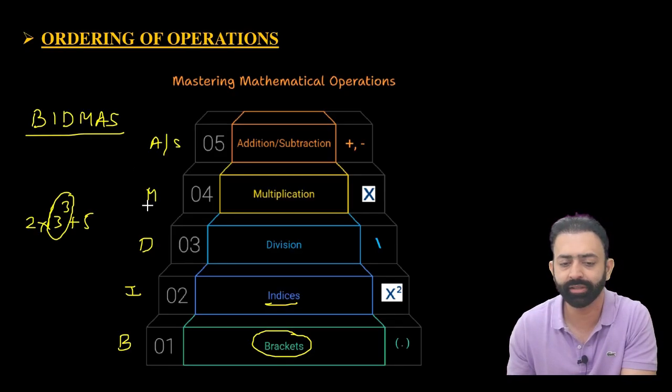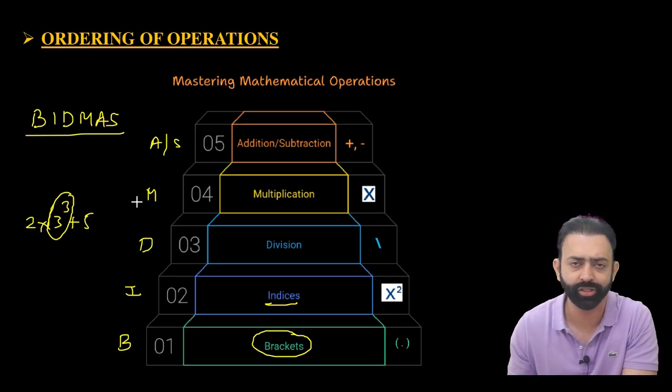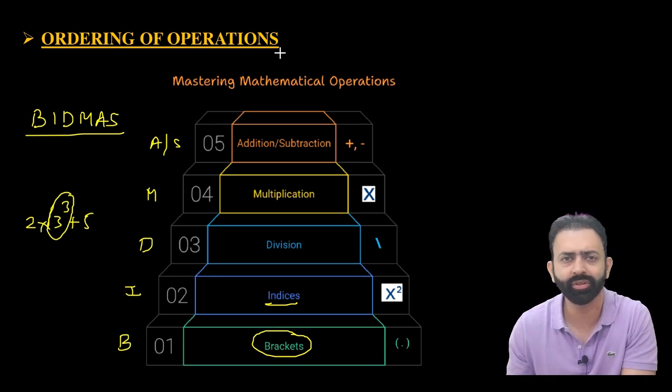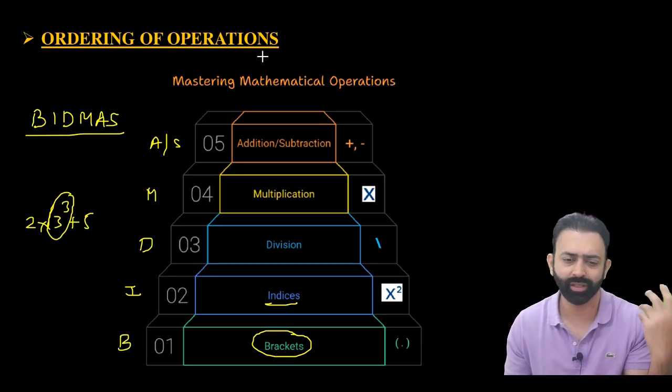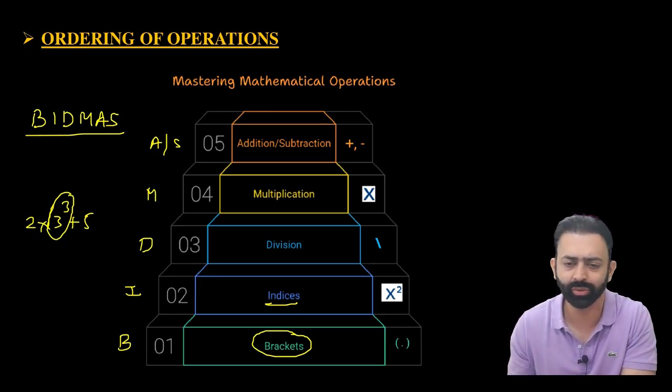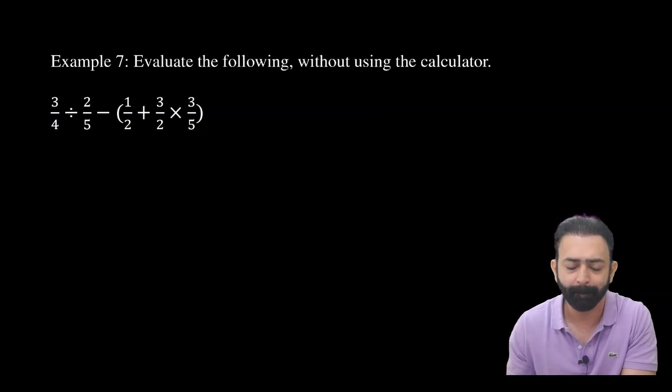These are the steps we will follow whenever there is any combination of arithmetic operations in any expression. Let us do one question based on order of operations, and we are not going deeper into this because you have known BIDMAS for the last 3 or 4 years. There is nothing new in BIDMAS.